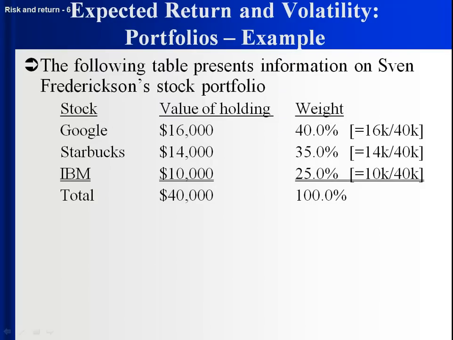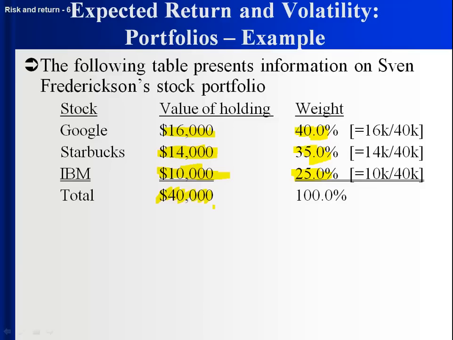So let's take a look at an example. We've got Sven Fredrickson. He has 3 stocks in his stock portfolio. He's got Google, Starbucks, and IBM. He owns $16,000 worth of Google, $14,000 worth of Starbucks, and $10,000 worth of IBM. So the total value of his portfolio is $40,000. If we want to get portfolio weights, we can see that 16 of the 40 is in Google, so 40% of his portfolio is in Google. 14 of the 40 is in Starbucks, which is 35%, and 10 of 40 is in IBM, which is 25%.